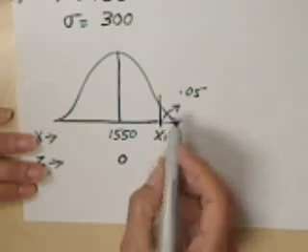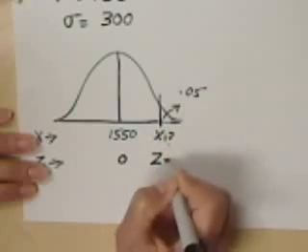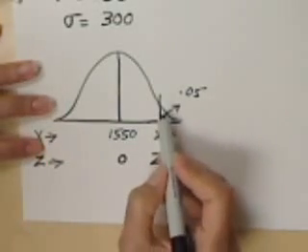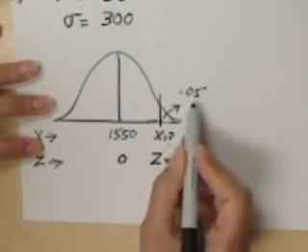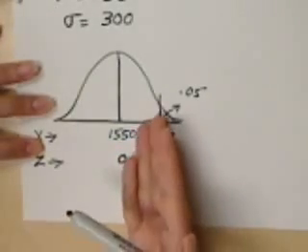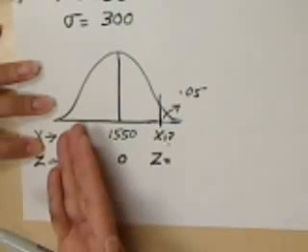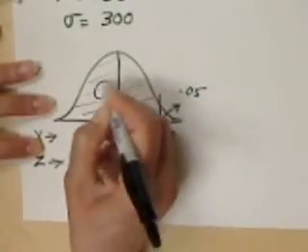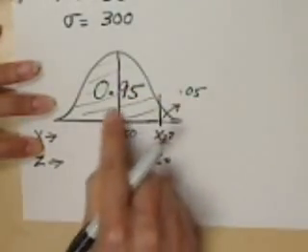To solve this problem, we need to find the associated z value for this x. That is easy to do because now we know the area to the right of that point is 5% of the area under the curve. So that means that the total area to the left of that point would be 95% of the area under the curve. Or we can say that this part right here is 0.95, which is 1 minus 0.05.